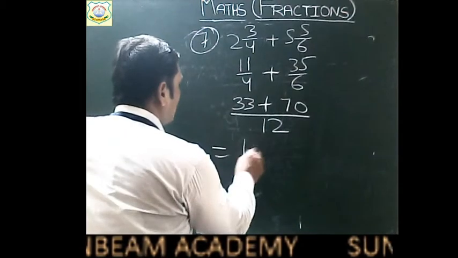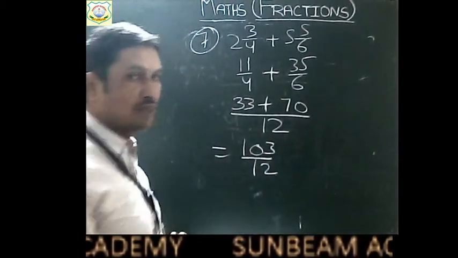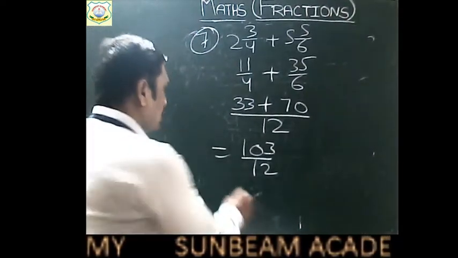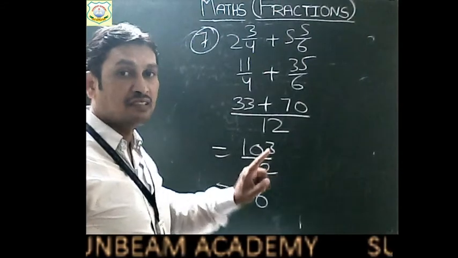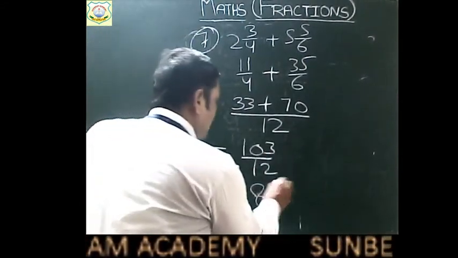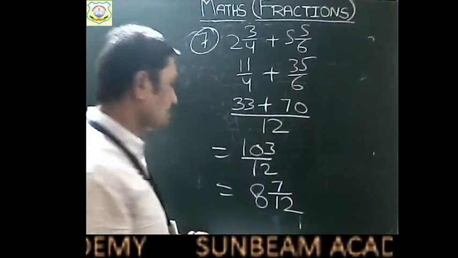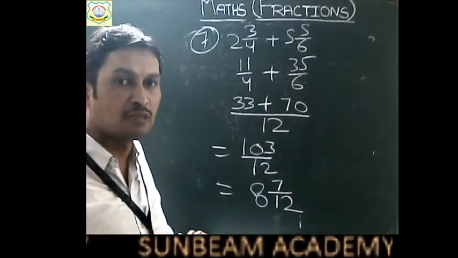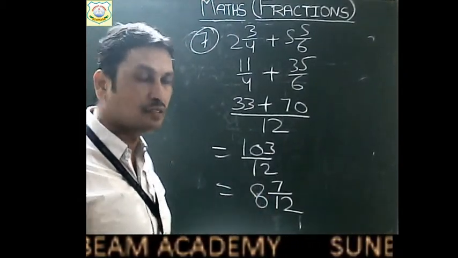What do we get children? We get 103 by 12 and then convert this into a mixed fraction. So 12 8s are 96. Okay. And 7 is the remainder. So 7 will be written in the numerator and the denominator will be 12. So 8 whole 7 by 12. So you can check this by yourself. Okay. This is the answer.